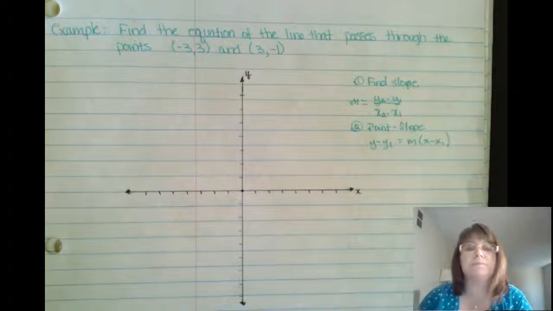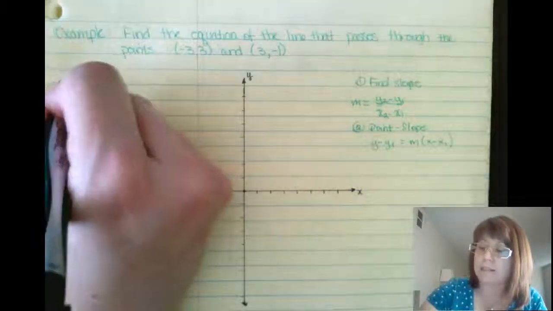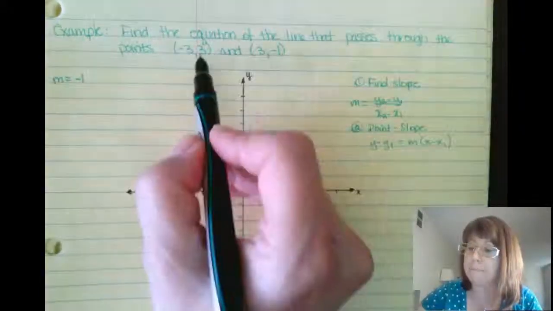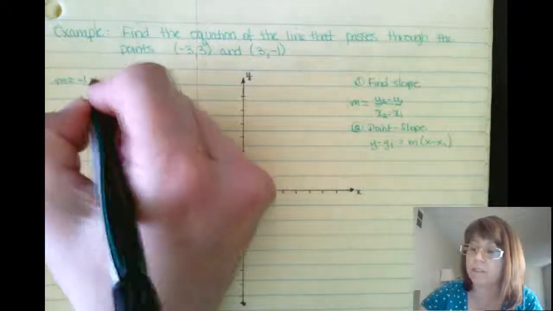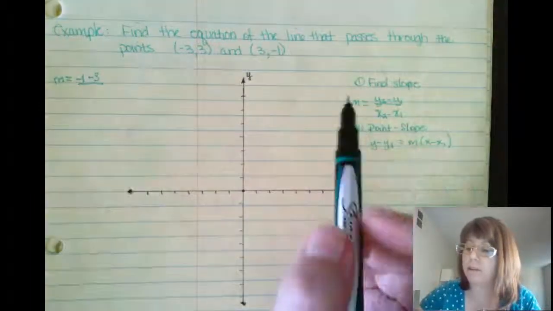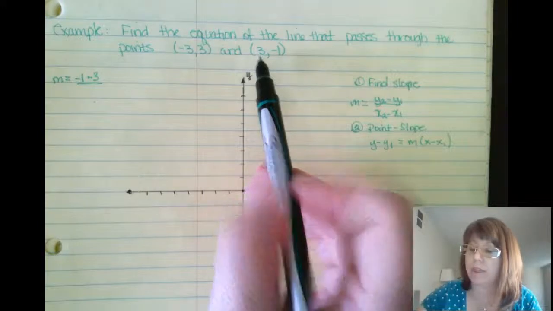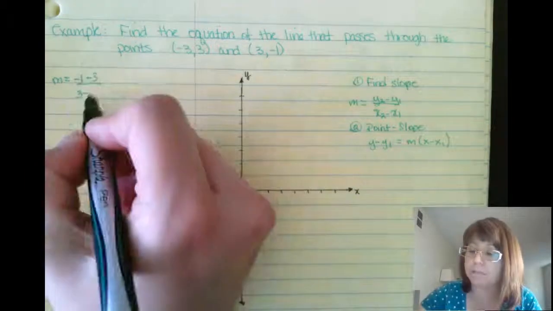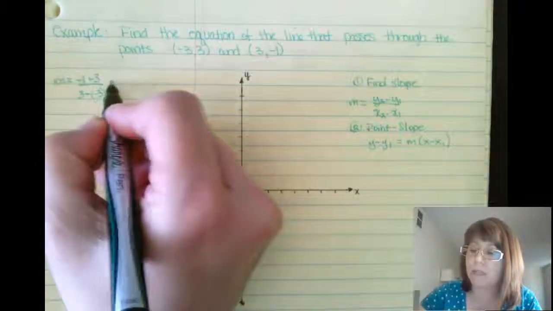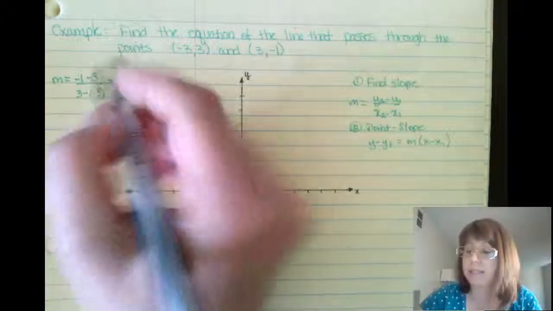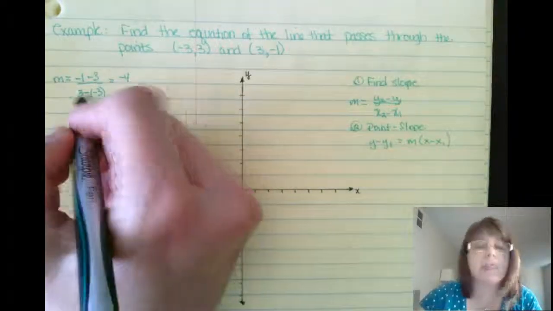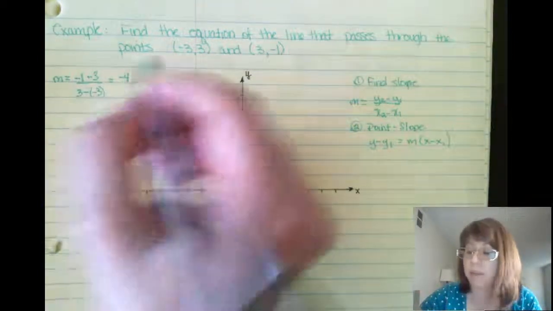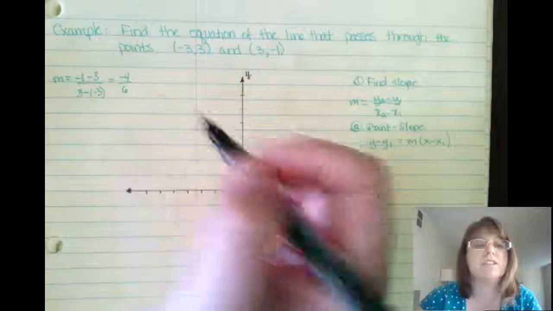So let's find the slope. Slope is going to equal y2, which is -1, minus y1, which is 3, all over x2, 3, minus x1, which is -3. -1 minus 3 is -4. 3 minus a -3, which is really 3 plus 3, which is 6.